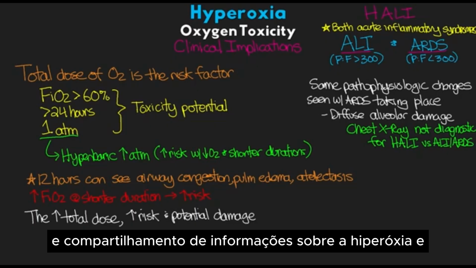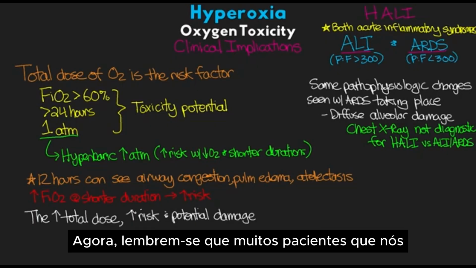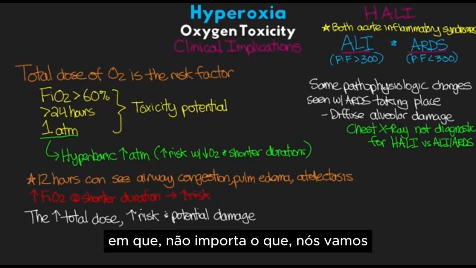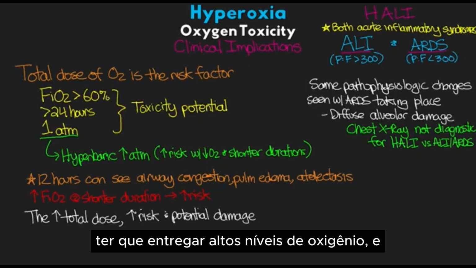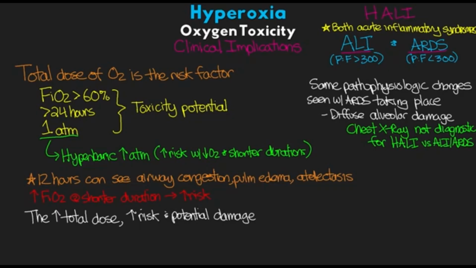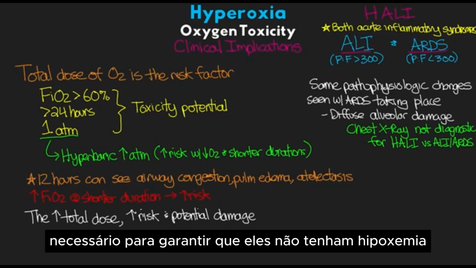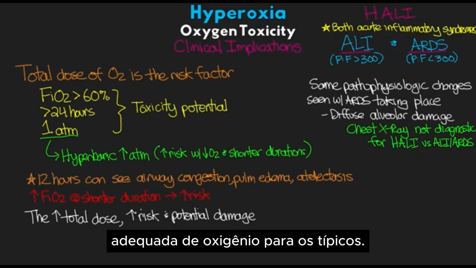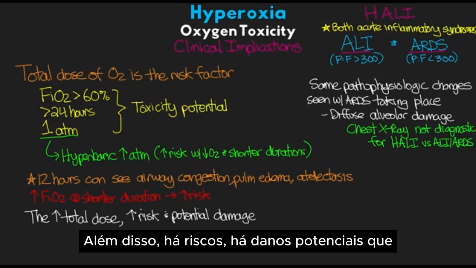In these cases, this is just what's required in order to ensure that they don't have hypoxemia and that we can deliver throughout the body the proper amount of oxygen to the tissues. That said, there are risks, there's potential damage that comes from it, and more importantly, the takeaway is going to be that if your patient is requiring high levels of oxygen, but you've got very high SpO2, this is probably something that we need to be evaluating and looking to bring that down, knowing that there are consequences to this.